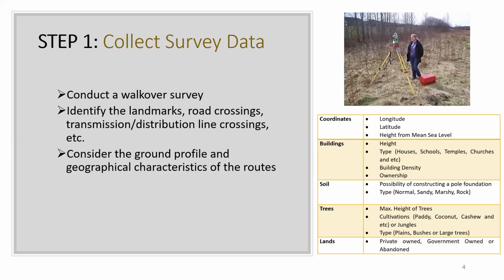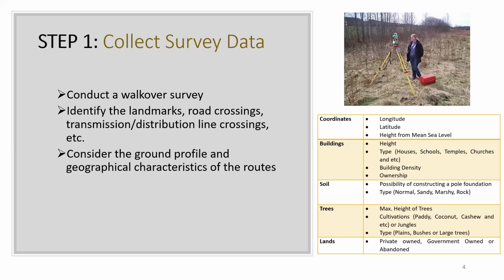For that, we are doing a walkover survey to identify the landmarks, road crossings, transmission or distribution line crossings, like that. This table indicates the important data that you have to collect during the walkover survey for a successful completion of the design.